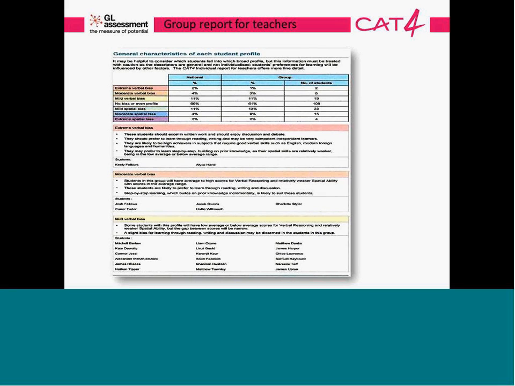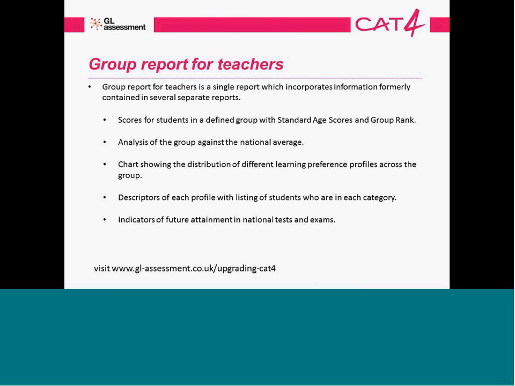To summarise the group report for teachers then: scores for students in defined groups, with standardised age scores and a group rank, getting that key national picture. We can also see overall learning preference profiles across the group, and we're getting an idea of how that individual profile might affect their learning.